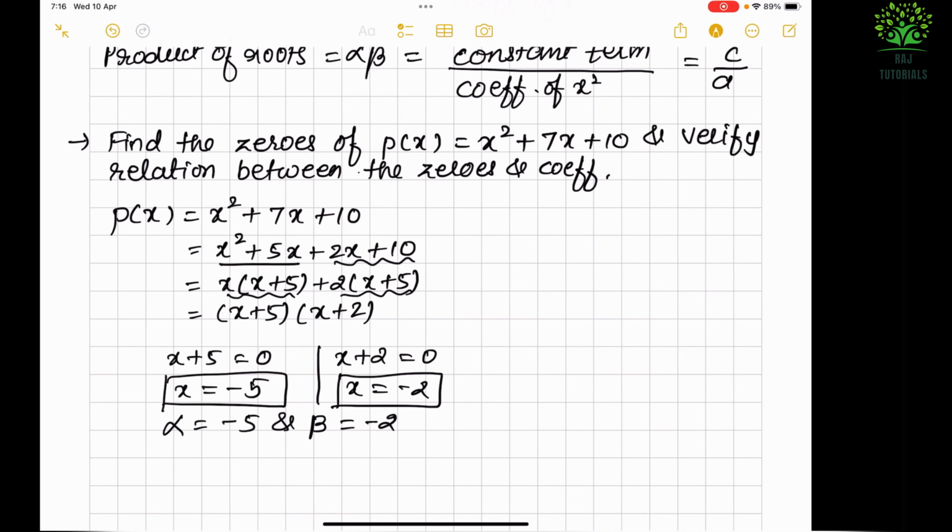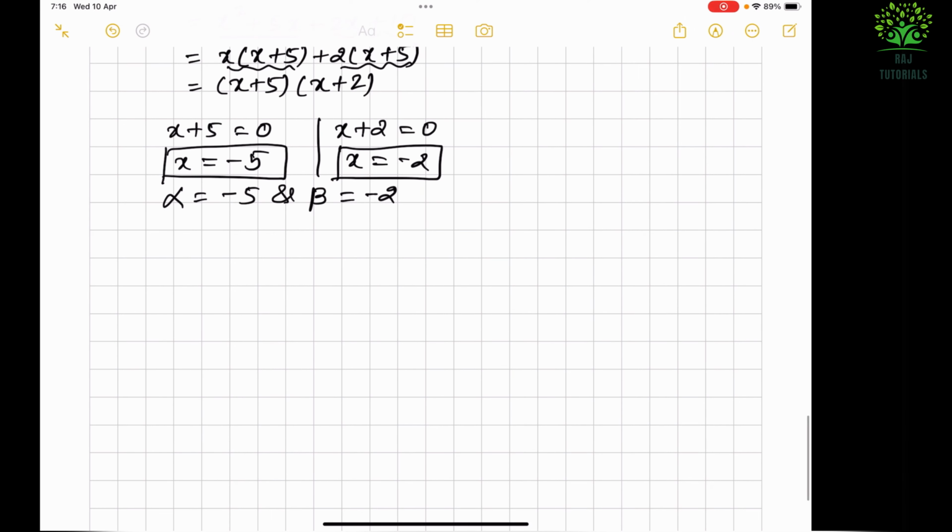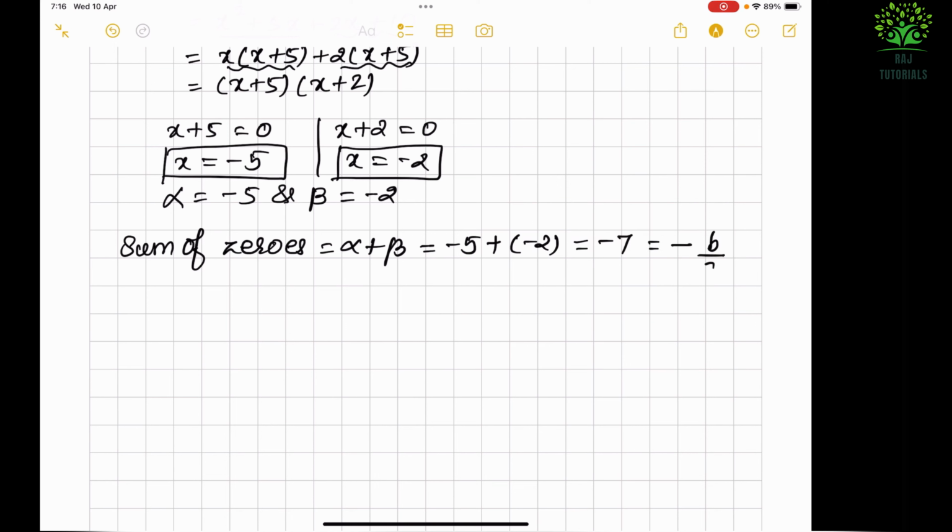Now if I want to check the relations, see, the sum of the zeros was alpha plus beta, which is equal to minus 5 plus minus 2, so that is minus 7, which is equal to minus b by a, because b was 7 and a was 1. So I proved that.